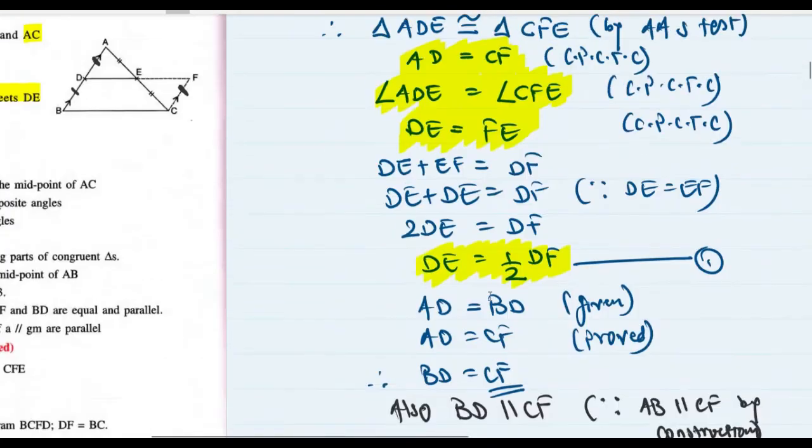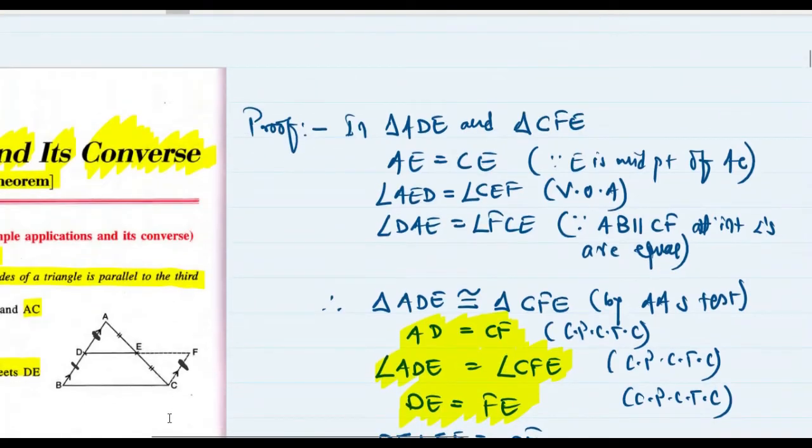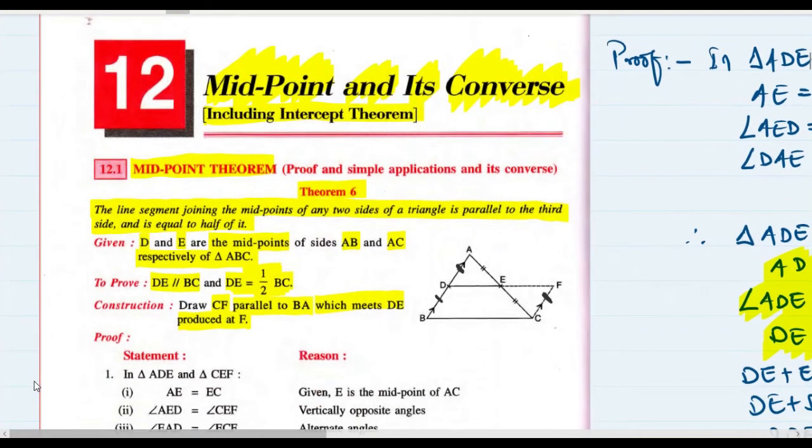These two things are proved with the help of our congruency. So basically I have proved the midpoint theorem. I have proved that in any triangle, the line segment joining the midpoints of any two sides of a triangle is parallel to the third side and it is equal to half of it.